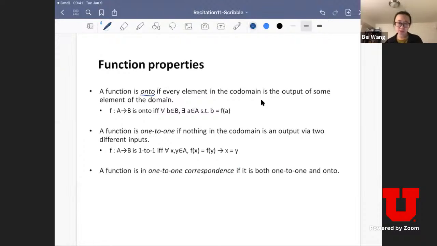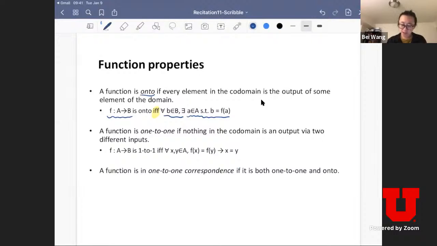So a function from A to B is onto if and only if for every element B in the codomain there exists an element A in the domain such that B is equal to f(A).